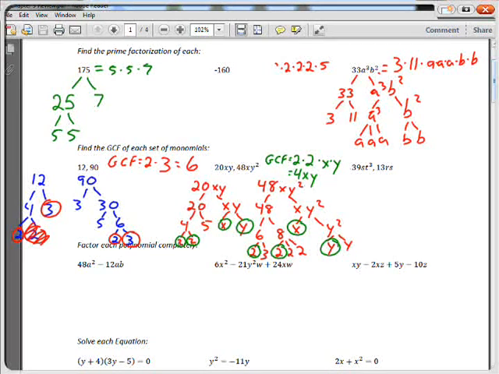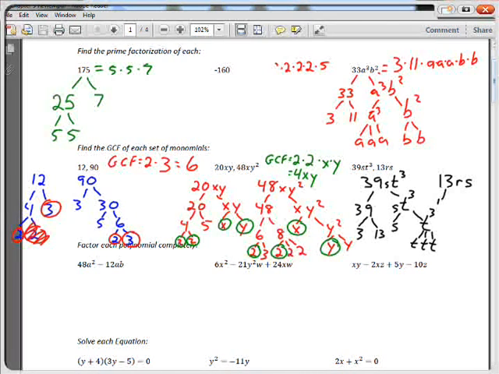On the last one, 39st to the third and 13rs to the third. Okay. 39 is 3 times 13, and t to the third will be t times t times t. 13 is already prime.